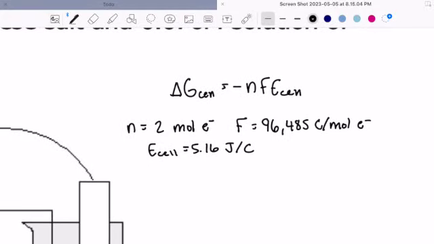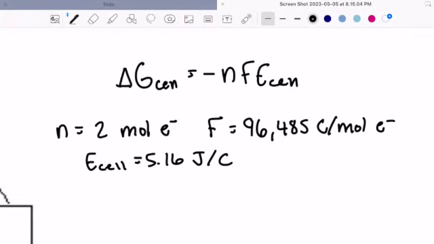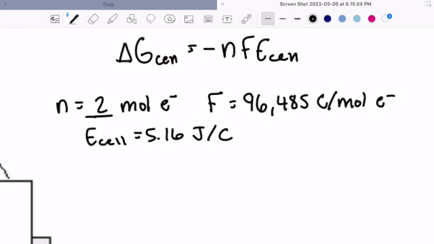Now, to find the delta G, we are going to use the equation delta G cell equals negative NF E cell. So N is the amount of moles, which is 2, and then F is a given constant, which is 96,485. And then E cell is the value we just calculated. So let's plug this all in.